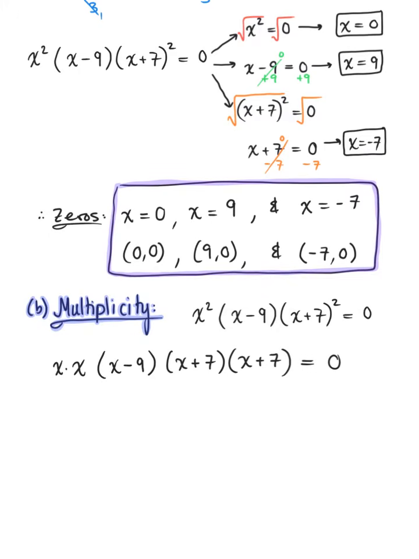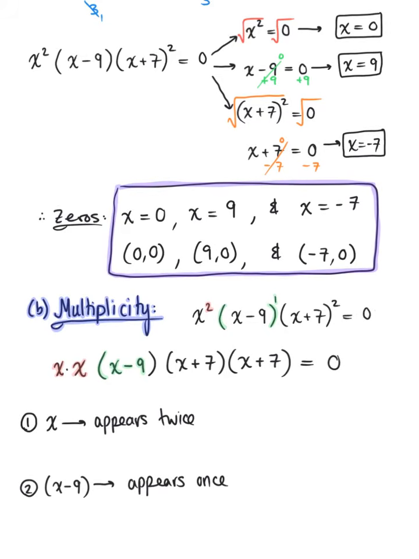So what are the factors that you see? Well, we certainly see a factor of x. And how many times does this factor appear? 2 times. The factor x appears twice. Now, what's another factor that you see? X minus 9. X minus 9 is another factor. How many times does this factor appear? Once. So this factor appears one time.